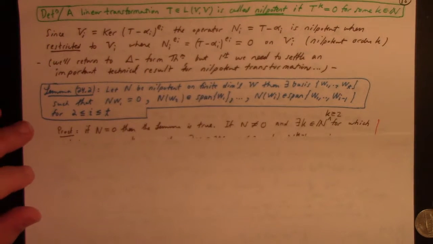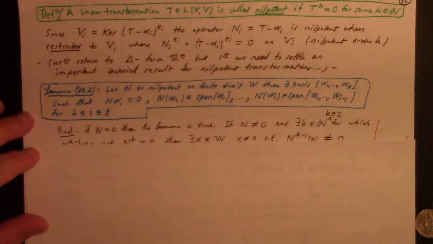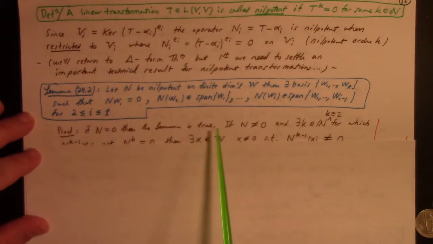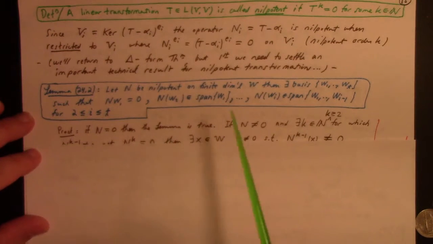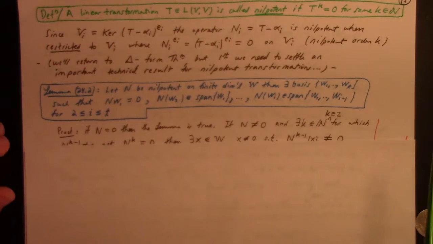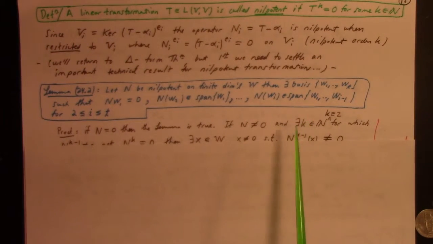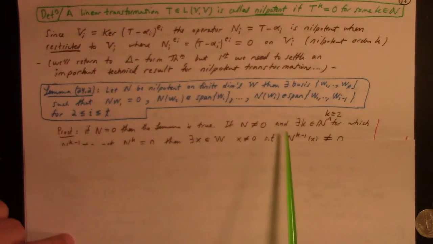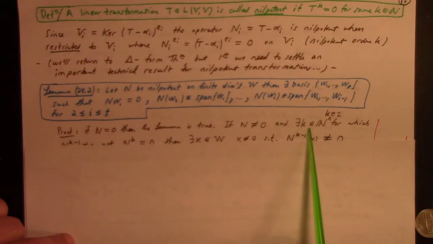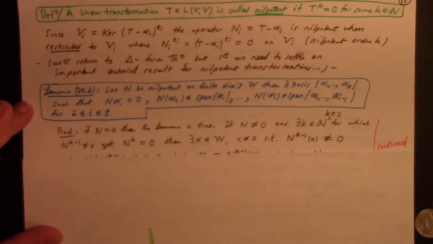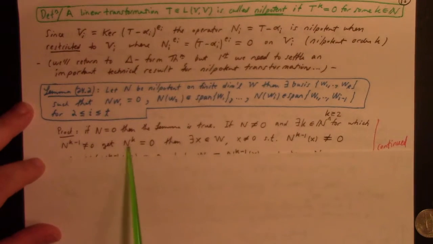First of all, if N equals 0, the lemma is true, because if N is 0, then it maps everything to 0, so this is vacuously true. On the other hand, if N is not equal to 0, there exists a k greater than or equal to 2 for which N to the k minus 1 is not equal to 0, yet N to the k is equal to 0.